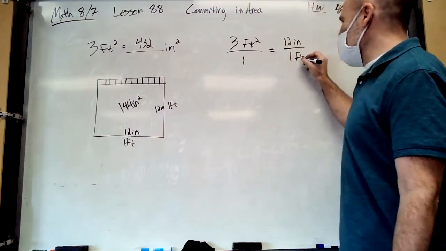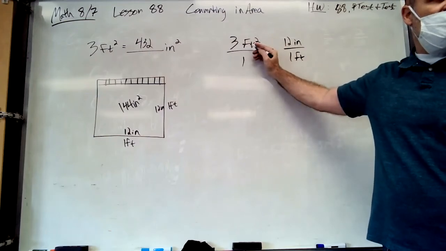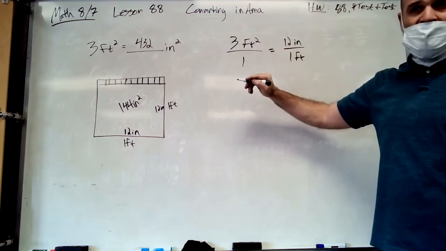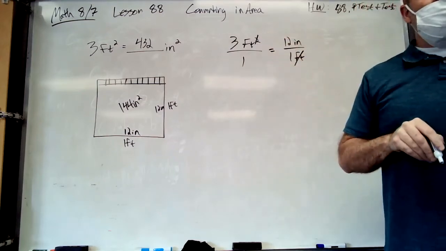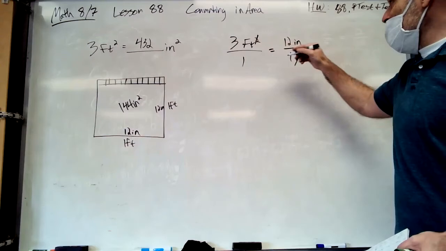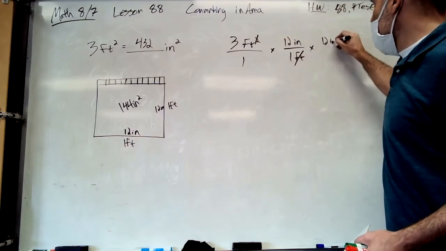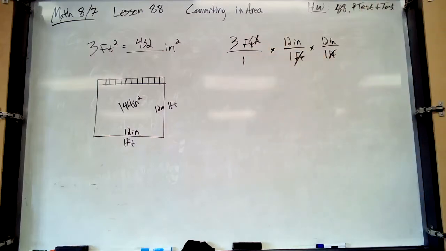But see, feet squared is feet times feet, so this only cancels one of those. You need to cancel the other one. Multiply by another 12 inches over 1 foot, and that gets rid of the rest of the label.